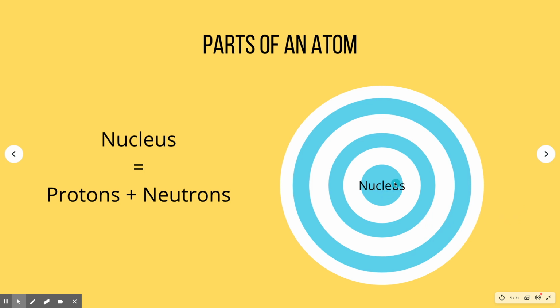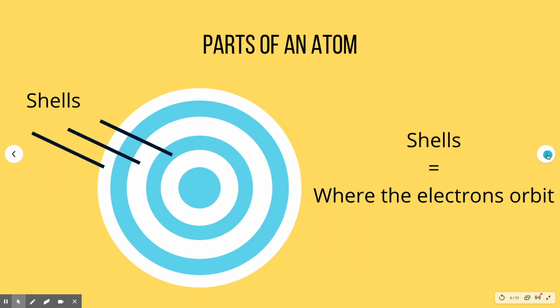The nucleus is the center of an atom, and it is composed of protons and neutrons. Remember, protons have a positive charge and neutrons have no charge. Next, we have the shells. The shells are where the electrons hang out.